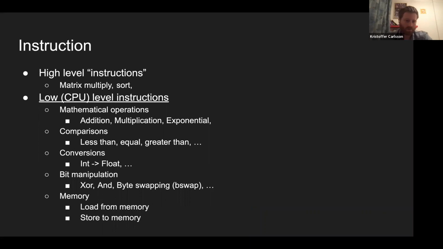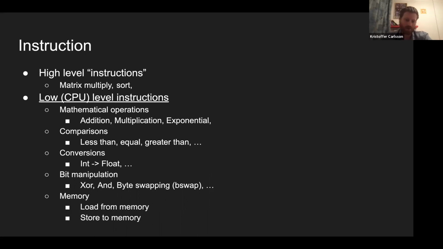And then when it comes to instructions, we have these high-level instructions: matrix multiplication, sorting, and so on. But in the same way as before, these are not the things we talk about when we talk about instructions in the SIMD sense. In the SIMD sense, we talk about very, very low-level instructions that the CPU directly executes. Some examples of these are mathematical operations like addition, multiplication, exponentials, even special functions.